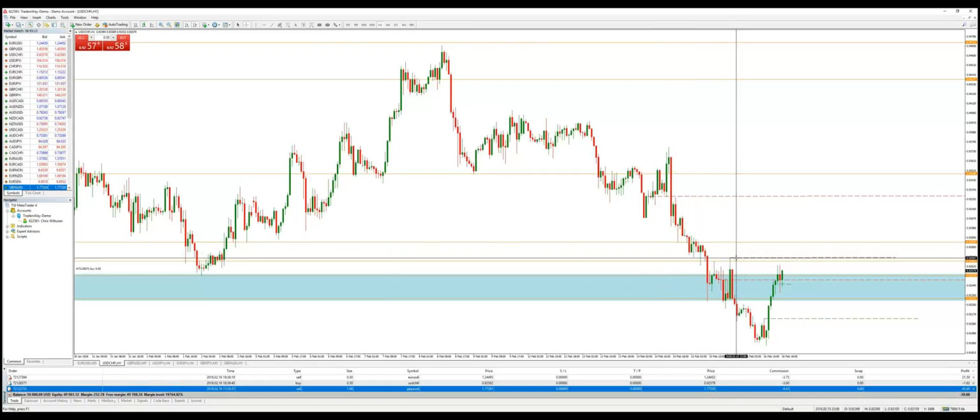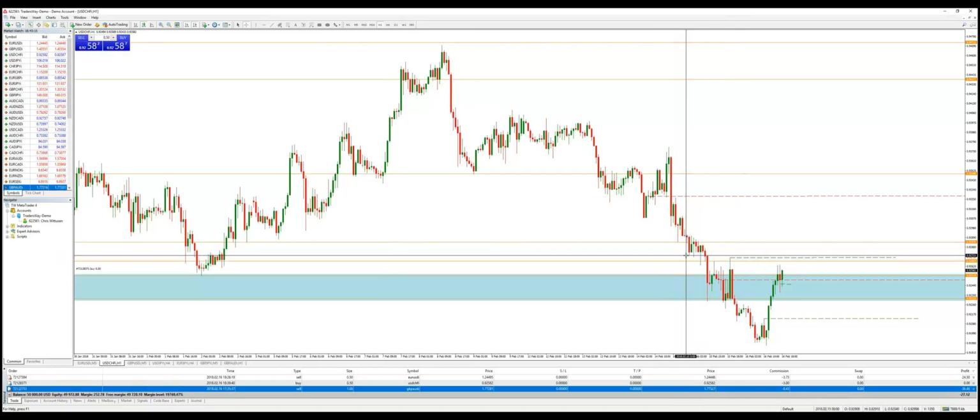So if you see that area there, you see this here, it is an area that is going to be difficult to break through. But that's all right.